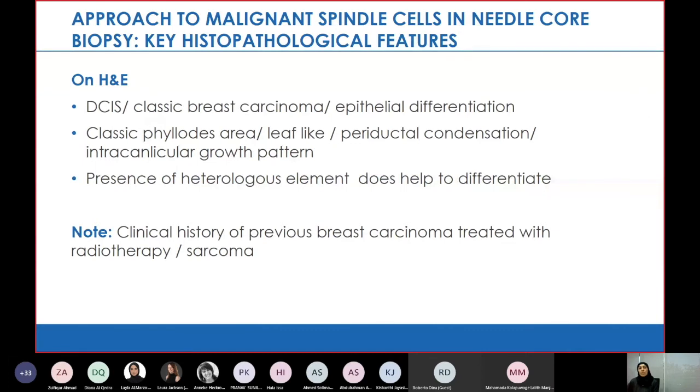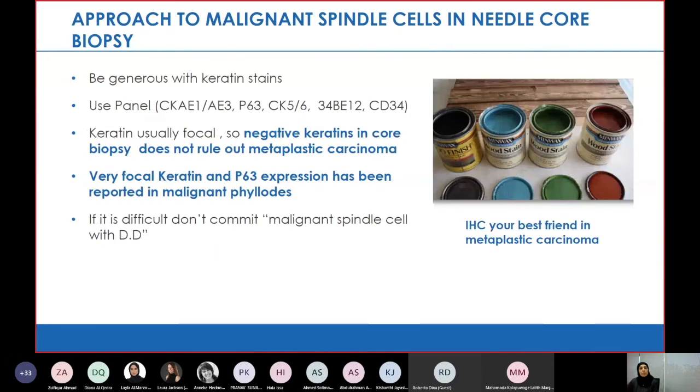And you know that heterologous elements can be seen in both phyllodes and metaplastic carcinoma, so they do not help to differentiate. Clinical history is always important, and if this patient, for example, has an old history of breast cancer treated with radiotherapy, and you have something which looks like angiosarcoma, then you need to think of angiosarcoma.